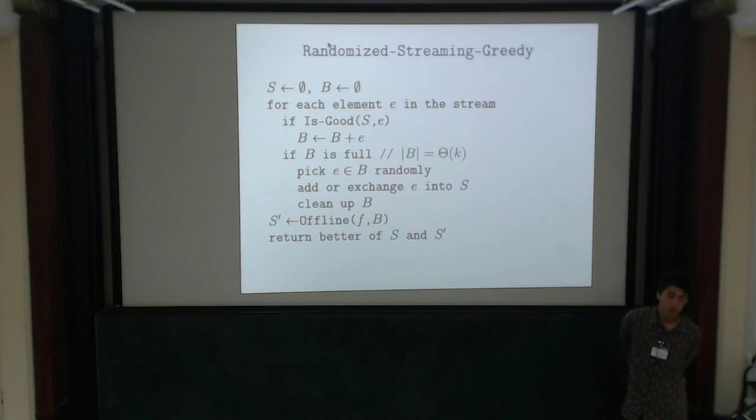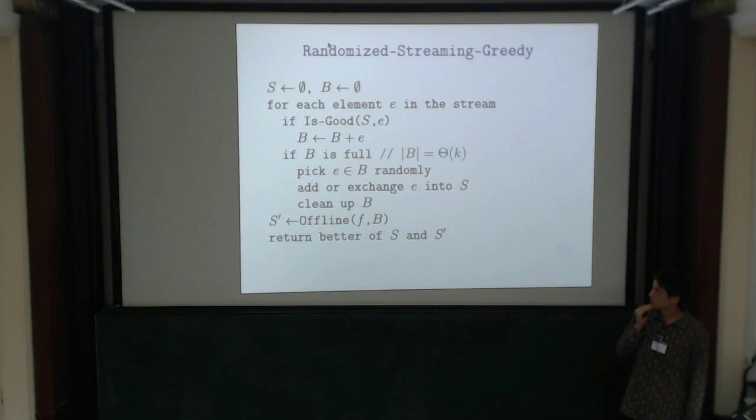And only when the buffer fills up do I pick an element out of this buffer randomly. So this is very similar to the randomized greedy algorithm we saw. And good, of course, doesn't just mean add. It can mean add or exchange as we see fit.